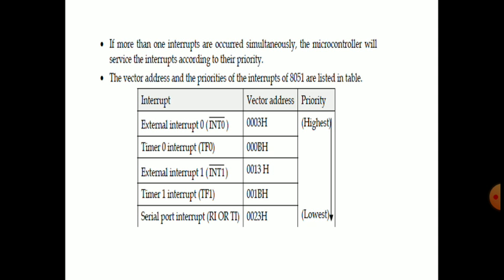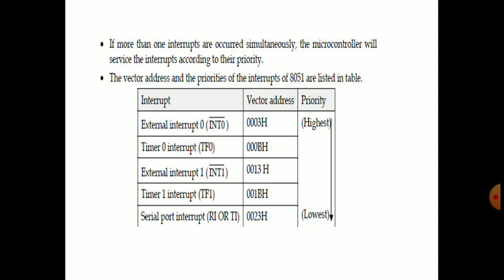See the priority first, which we have already discussed in the IP register topic. From highest to lowest: the highest is external interrupt 0, and the lowest is the serial port interrupt. That is, the priority decreases from top to bottom. The starting vector address of external interrupt 0 is 0003H, then for timer 0 it is 0BH, 13H, 1BH, 23H.